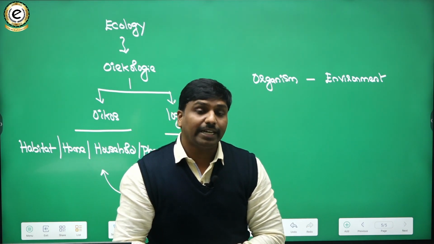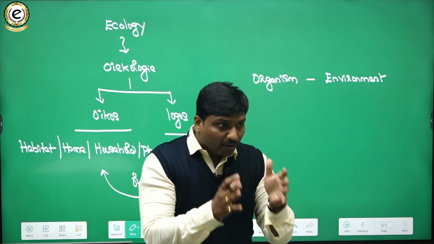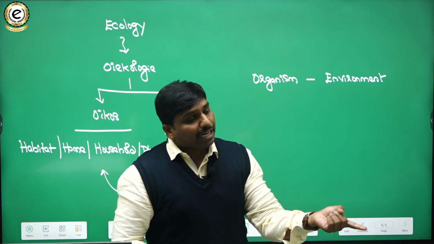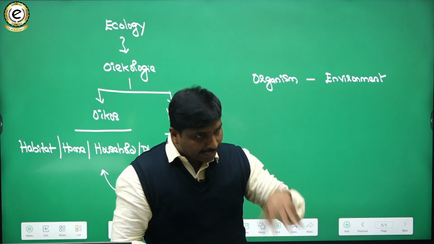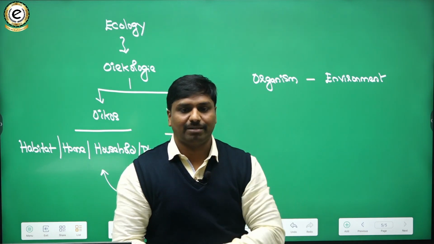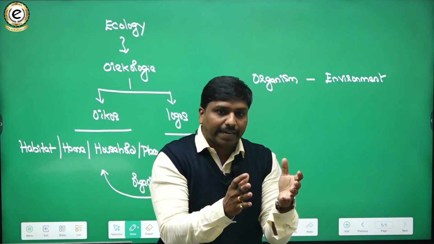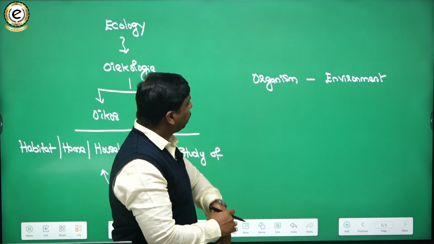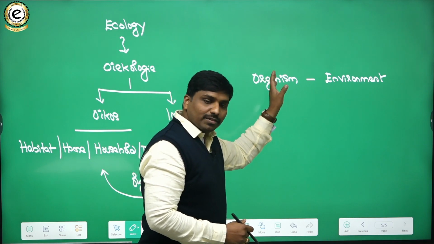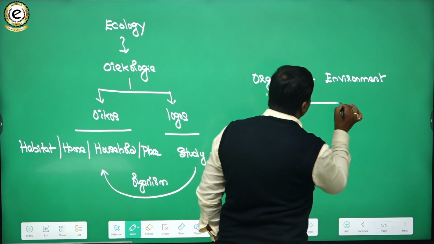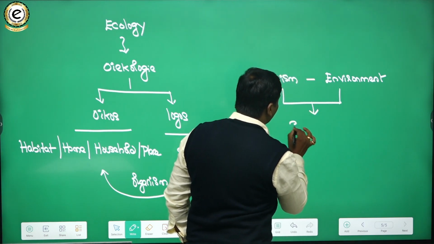So in other ways, ecology can be defined as a systematic study of the interactions of organisms among themselves and with their physical environment. When we do that kind of systematic study of the interactions of organisms and with their environment, such a study is known as ecology.